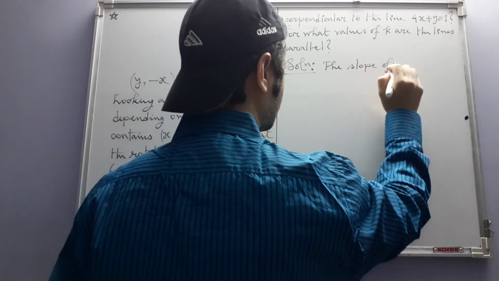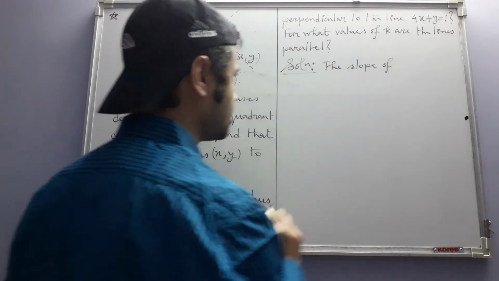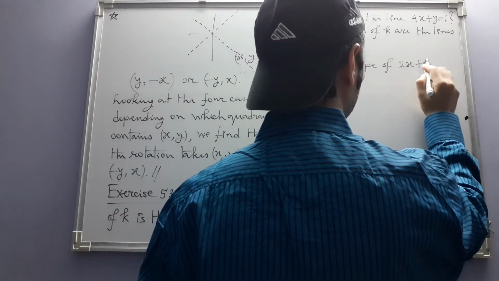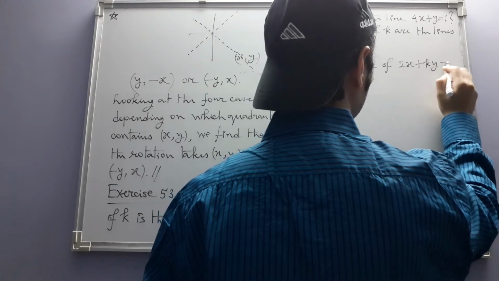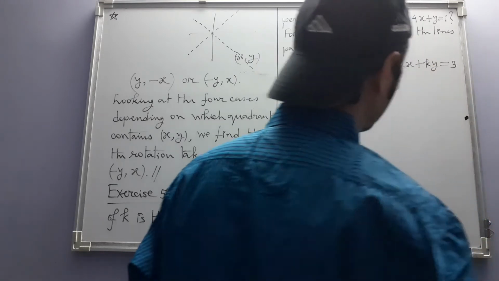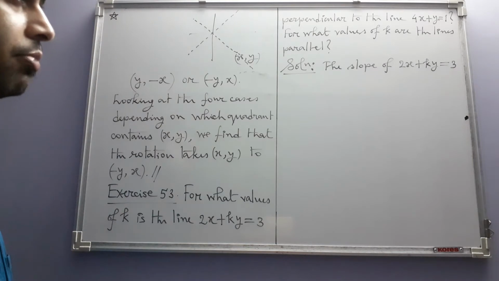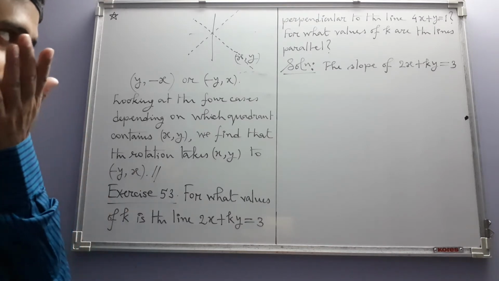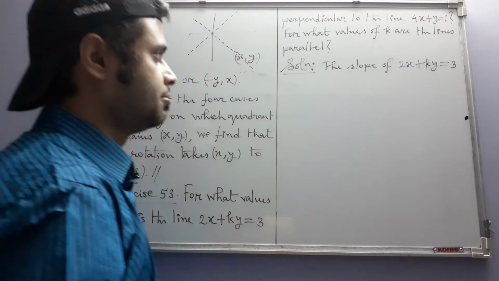The slope of 2x plus ky equal to 3, but before we find the slope we need to make sure that k is non-zero, because otherwise we won't be able to divide by k. So let us consider that case first.